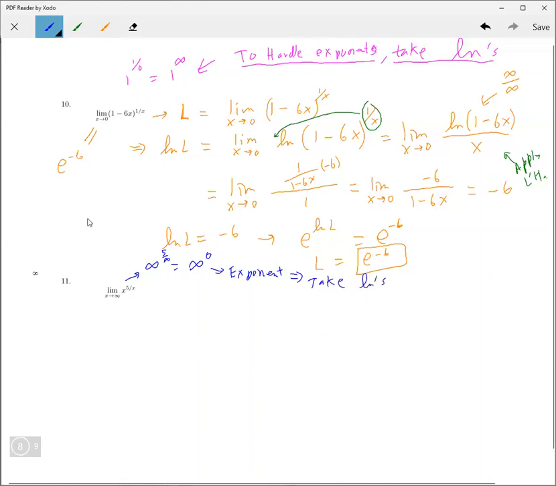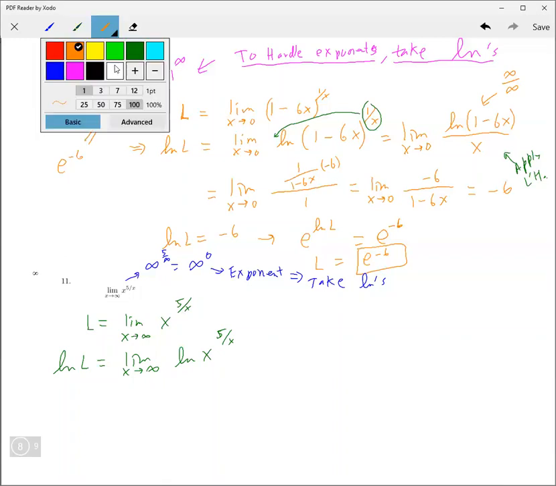So we're going to take natural logarithms. You let L be the limit as x goes to infinity of x to the 5 over x. That means the natural logarithm of L will be the limit as x goes to infinity of the natural logarithm of x to the 5 over x. It's a nice thing that the natural logarithm can just go inside the limit like that.